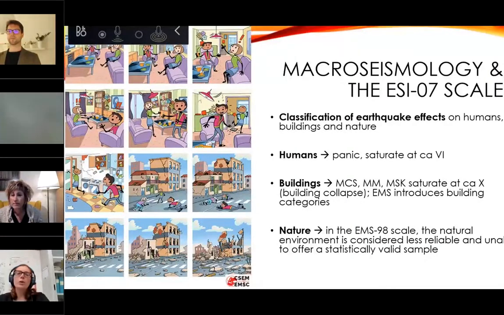Okay, so macroseismology in general is the analysis and classification of earthquake effects on humans, buildings, and nature.